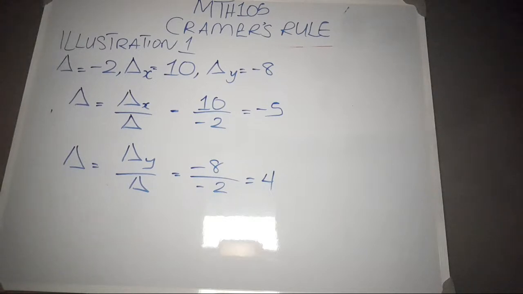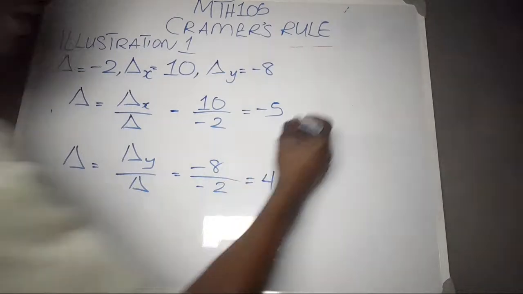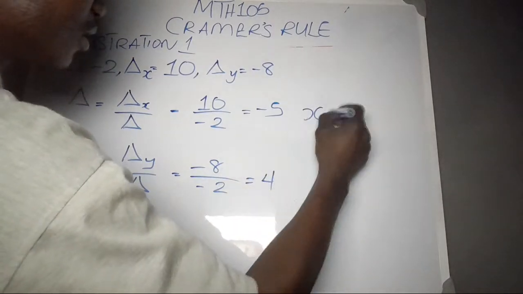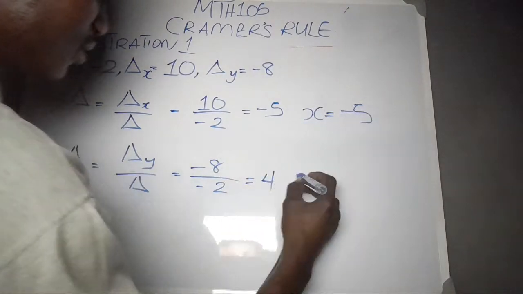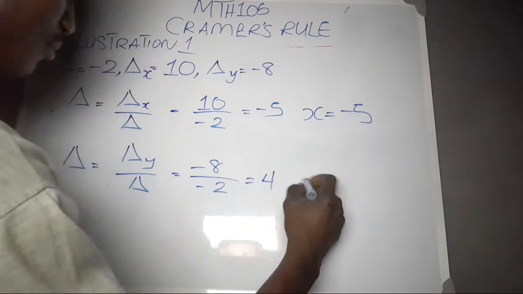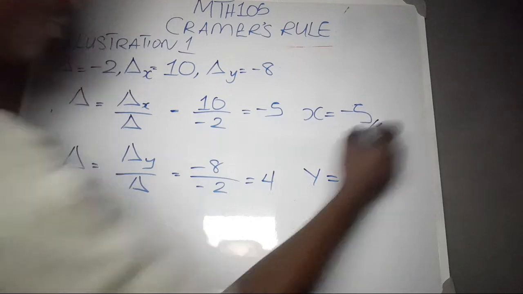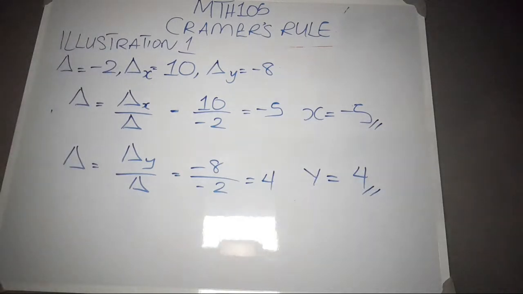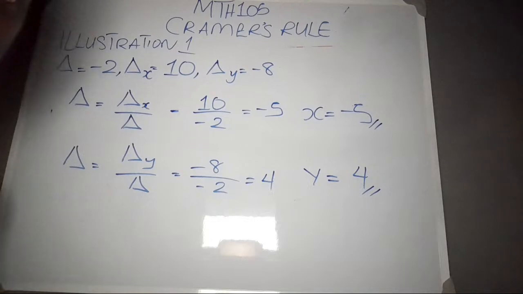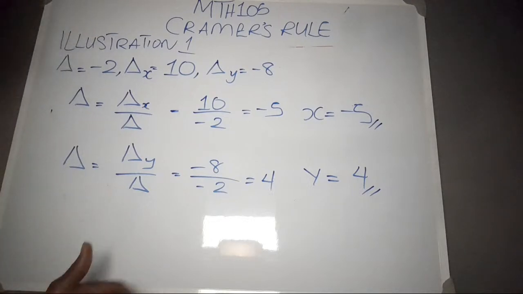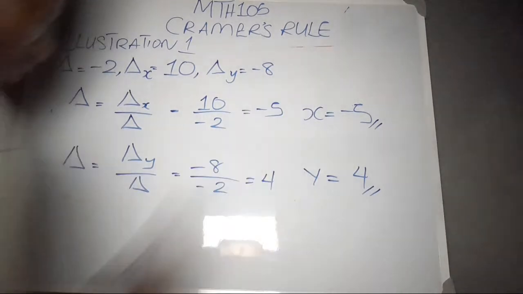So now we have our final answers: x equals minus 5, y equals 4. So now to check, I don't know if we are together up to this stage.